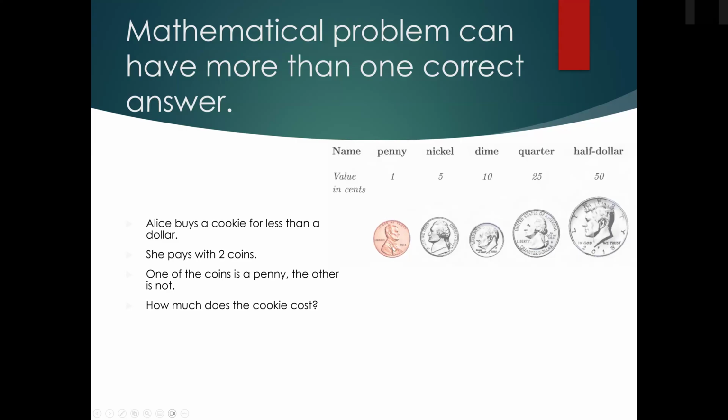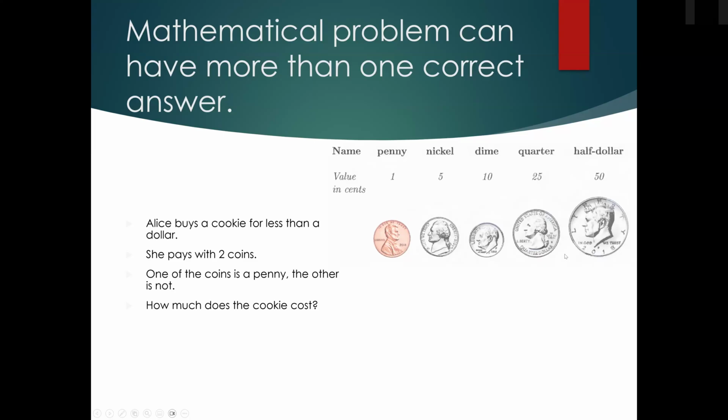When we think about this problem, we have to consider all possible combinations of coins that this question permits. One of the coins is a penny, the other is not. The other condition is that the cookie has to be less than $1. So the sum of the two coins has to be less than $1.